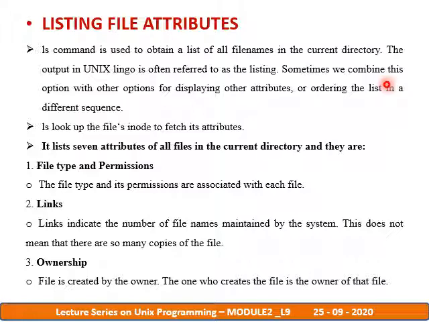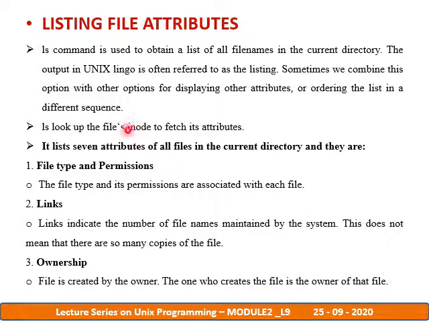Those attributes are stored in the file's inode. If we want to retrieve those attributes or properties of the file, Unix provides the ls command to look up the file inode, where all the file's attributes are stored.